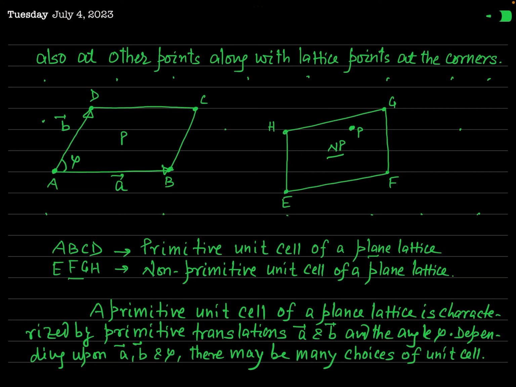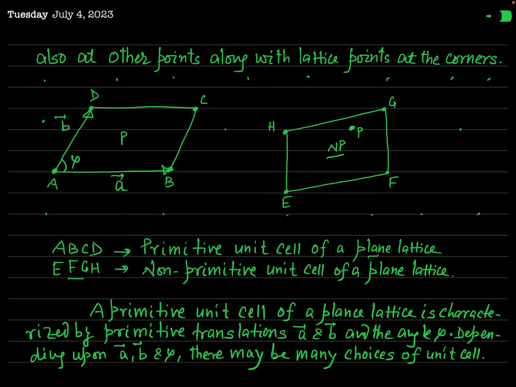If the lattice points lie only at the corners of the unit cell, then you will call it a primitive unit cell. While if the lattice points are lying not only at the corners, but apart from corners, lattice points are lying at other points too, then you should say that such a unit cell is a non-primitive unit cell. Okay.